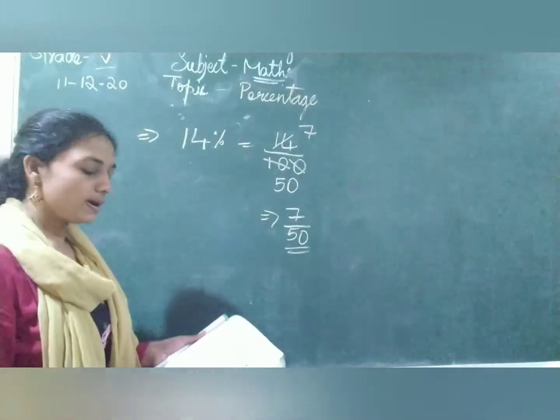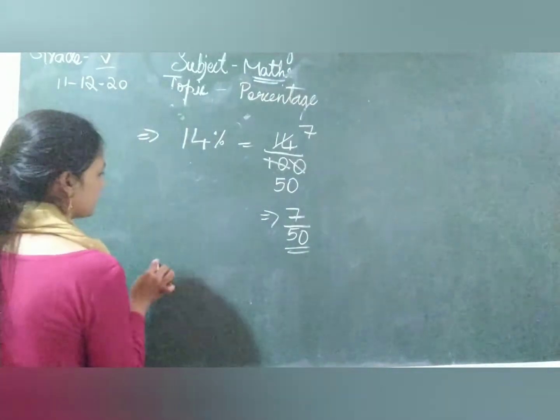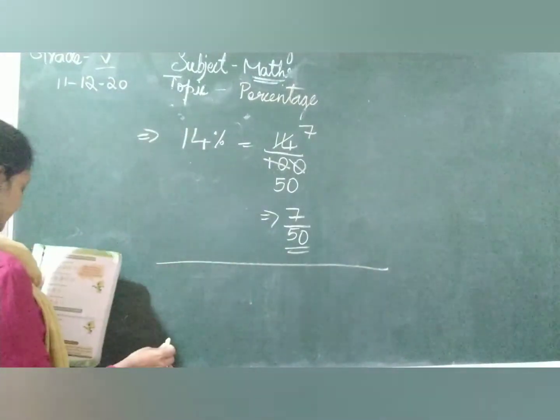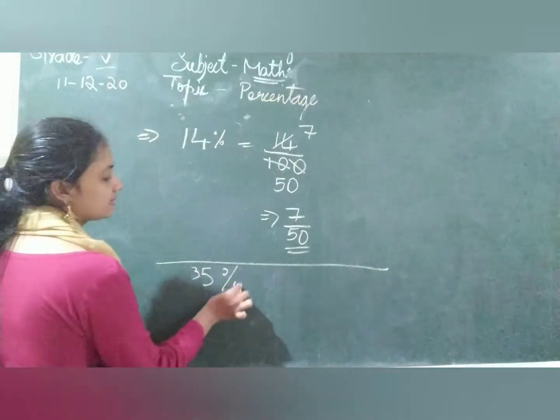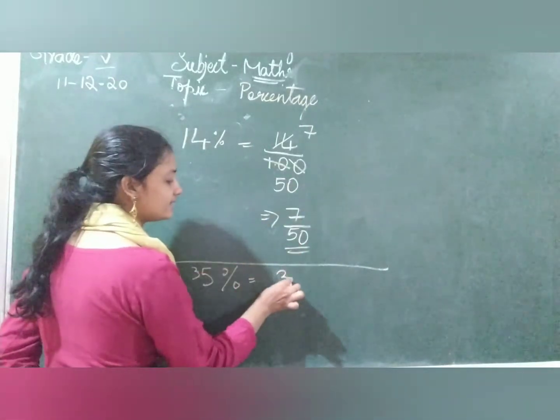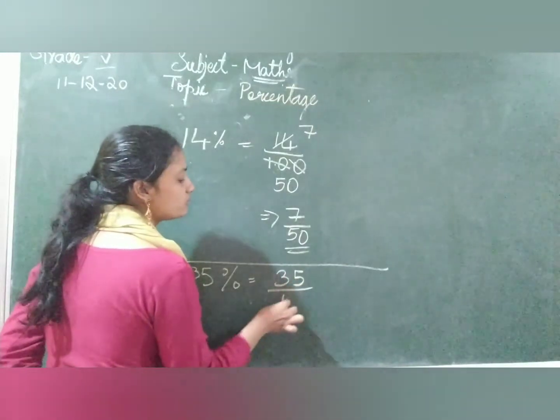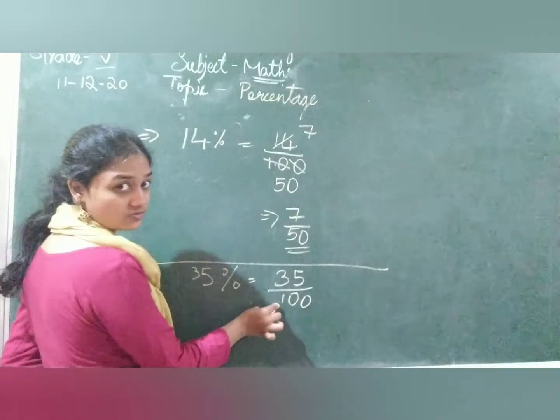Now how to convert percentage to decimals? Let me take an example here, 35%. Same thing what we did here, we will divide this also by 100. But we won't keep it in fraction form.